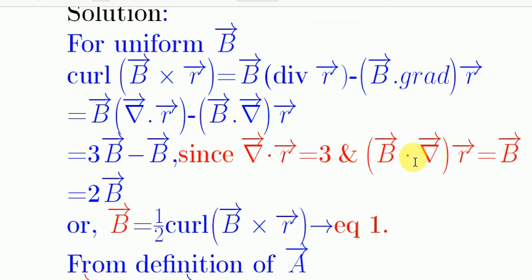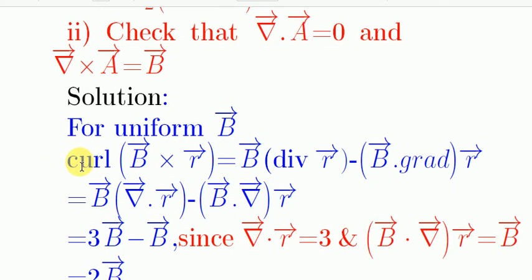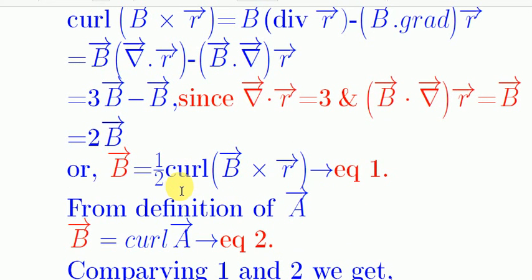At the end of this problem I will discuss how del dot R equals 3 and how B dot del times R equals B. So easily we can write 3B minus B equals 2B, or B equals half of curl of B cross R. This is equation 1.